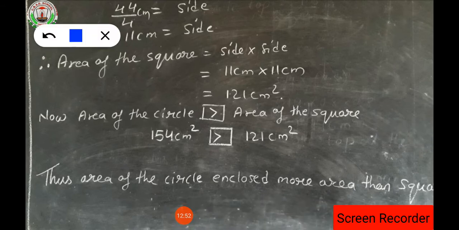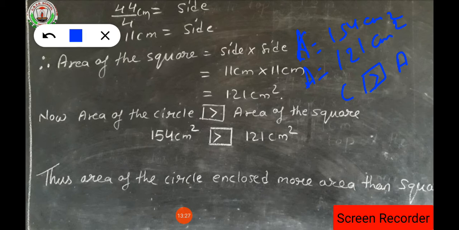Clear everyone? After having 121 centimeter square as the area of the square and 154 centimeter square for the circle, by comparing, it is not circumference, it is the area of the circle. Okay, 154 centimeter square is the area of the circle and 121 centimeter square is the area of the square, isn't it?